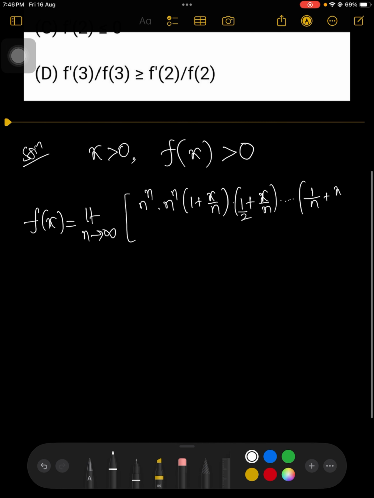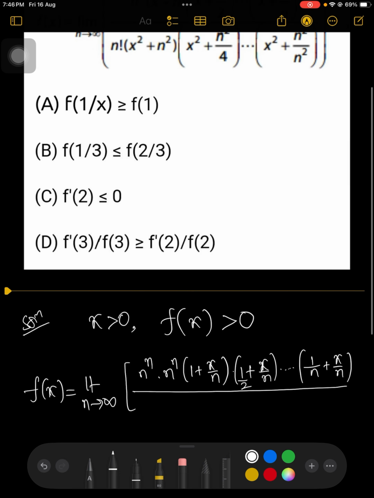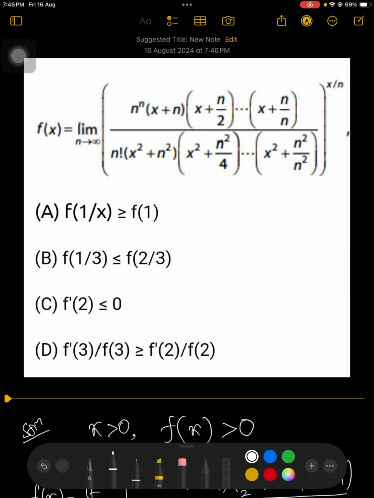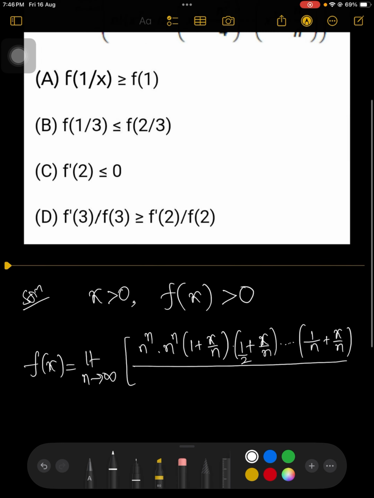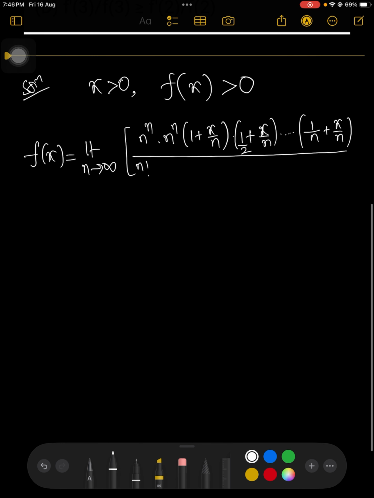Up to 1 by n plus x by n from the numerator. From the denominator also you can take n square common. Already in the denominator we have n factorial there.